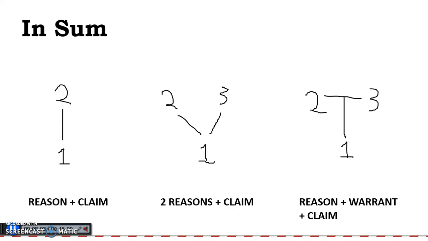We create those descending diagonal lines. And then in the case where we have reason and warrant together producing a claim, a connecting line, and between those 2 items, in that connection point, a descending vertical line to the claim. The numbers here don't have to be representative of every argument you see. Sometimes the claim will be number 2, sometimes it will be number 3, etc. But here's how you draw those 3 kinds of relationships. So for the quiz, you want to be able to map simple arguments like these ones.